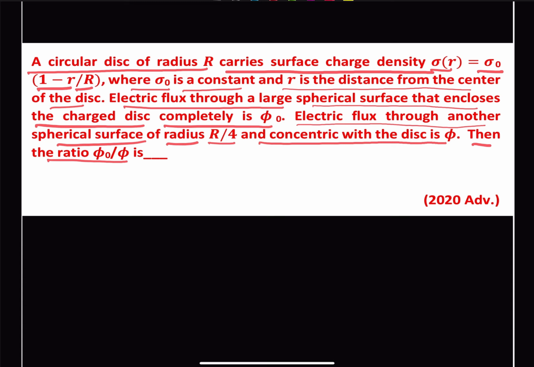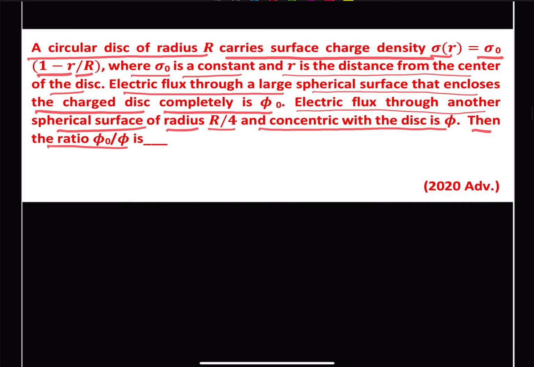So we are given that we are having a disk, and let us draw an approximate figure.